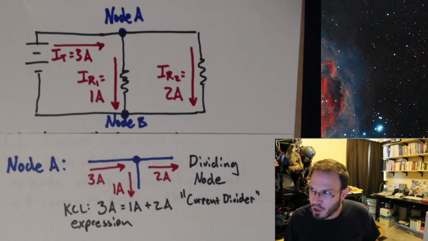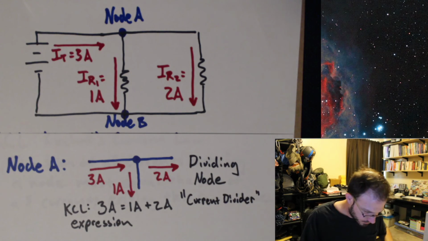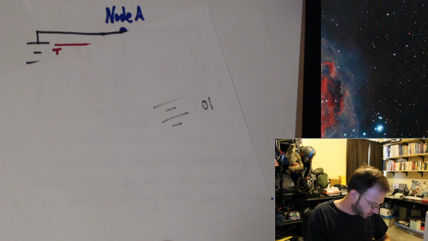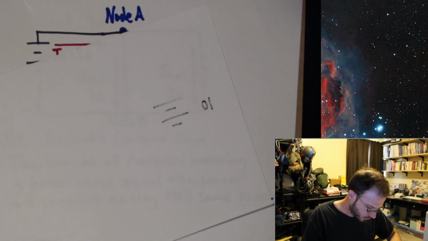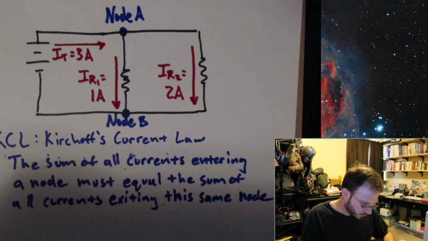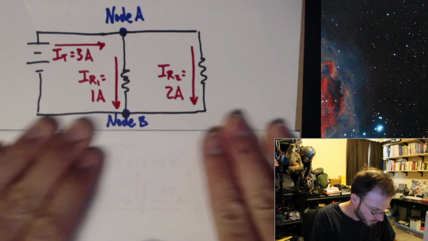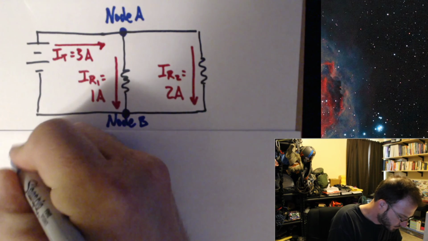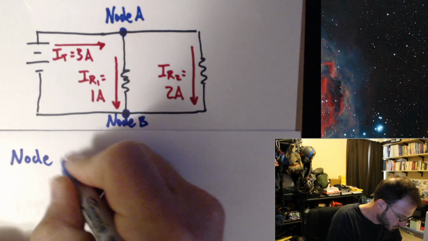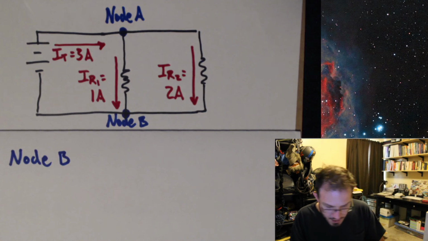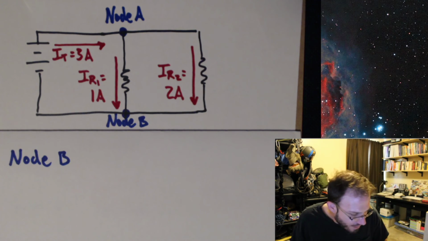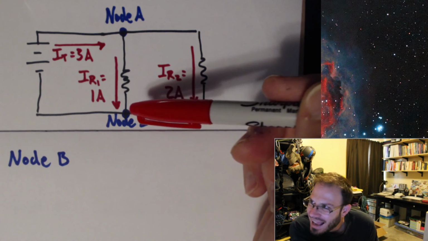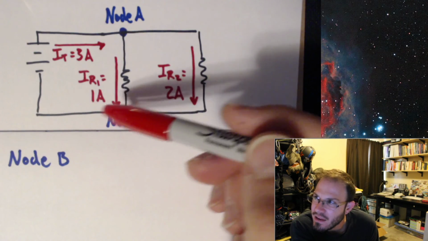We haven't said anything about node B yet. Now notice what's happening in node B. I have IR1 entering and I have IR2 entering. And I haven't written down what's leaving.